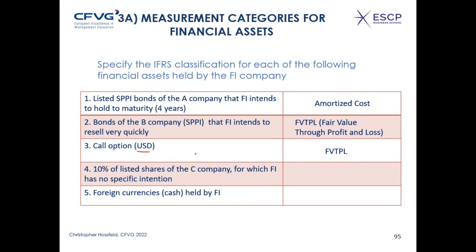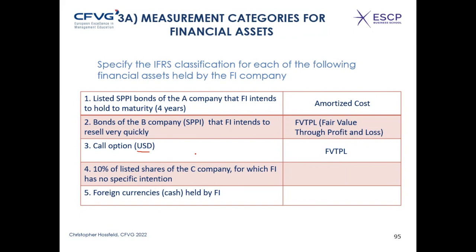Number 4, I have 10% of listed shares of the C company for which we have no specific intention. So here we're talking about an equity investment. Okay, what is the measurement method that I need to use? Amortized cost, fair value through OCI, or fair value through profit and loss. Any ideas? Fair value through profit and loss.